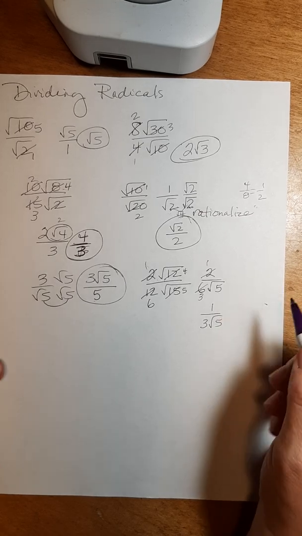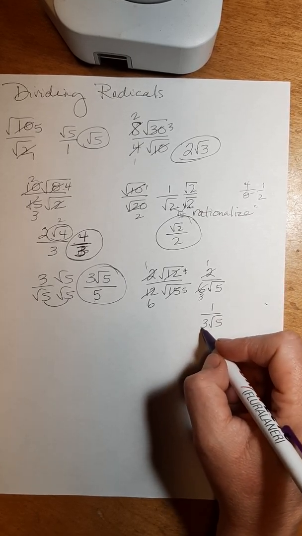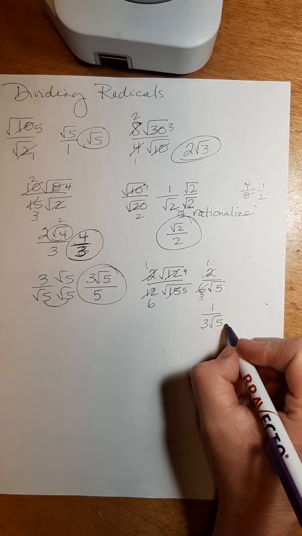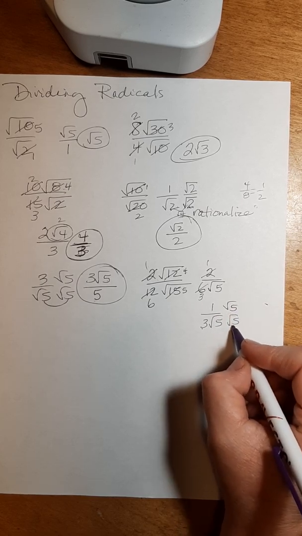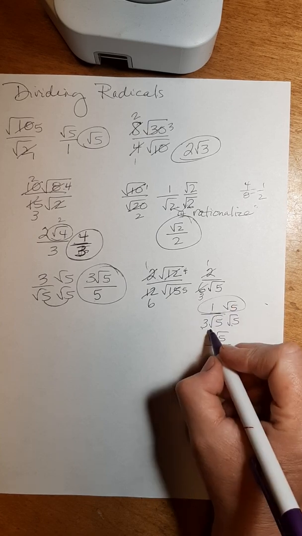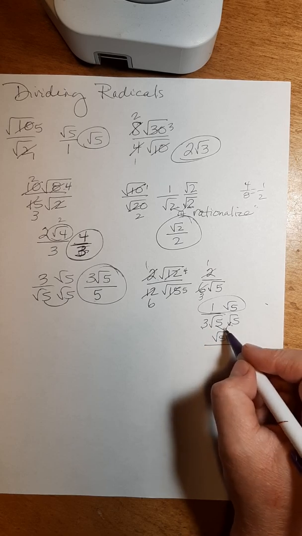Oh well, kind of entertaining. So now the 3 down below is fine because we can have whole numbers down below. We just can't have radicals. So there's no need to multiply by the 3, just by the square root. So square root of 5 over 3 times square root of 25, or 5.